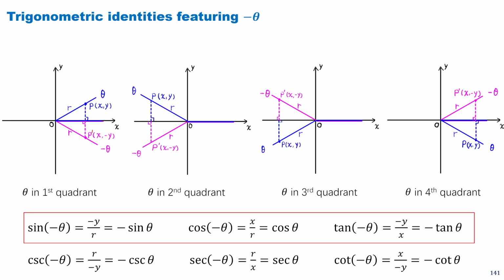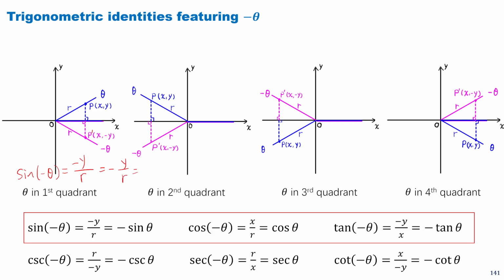So according to the definition of trigonometric ratios, sine negative theta equals the y coordinate of the point on the terminal arm, which is negative y, over the distance between this point and the origin, which is r.